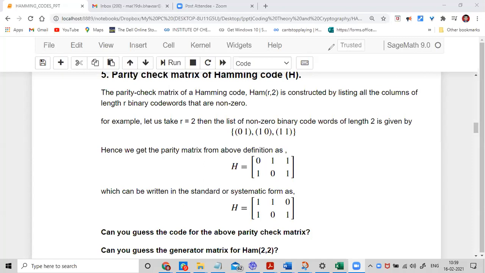The generating matrix is I augmented with A. And now we know what A transpose is, it is 1 1. So A transpose would again give us A.